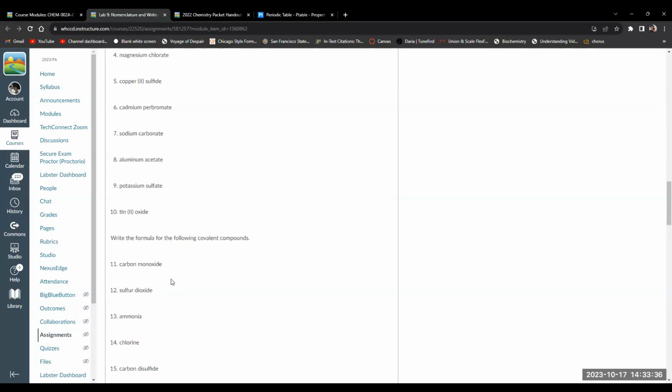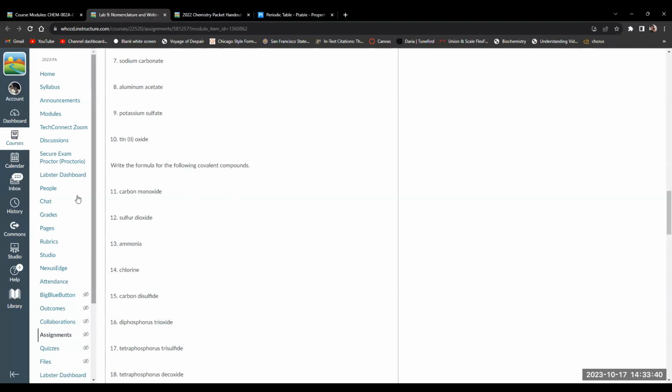And then we'll head to the next section. So let's remember covalence. We're going to be working with prefixes. So let me quickly write them down again.